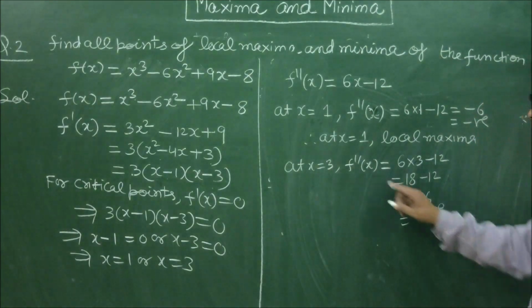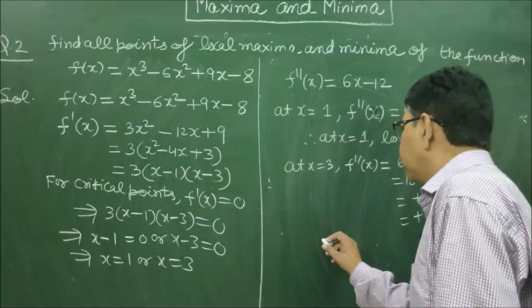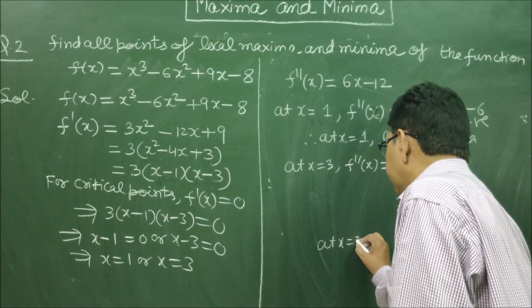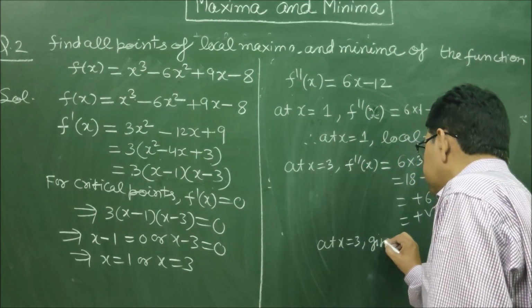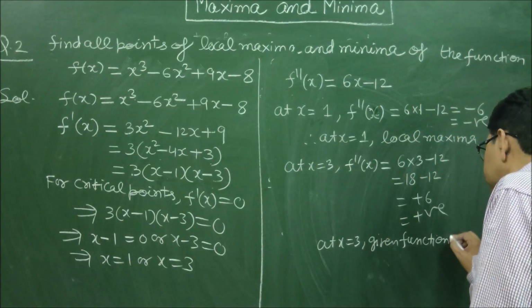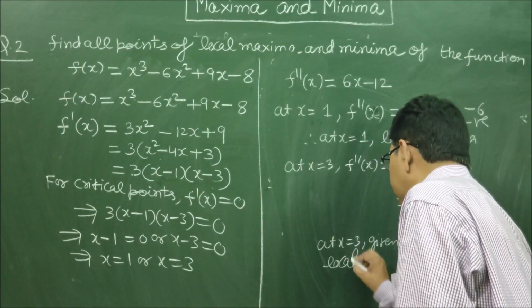So if the second derivative is positive, then the given function has local minima. At x is equal to 3 the given function has local minima.